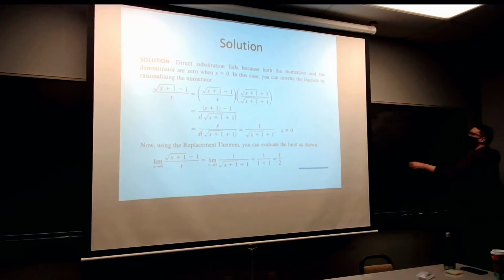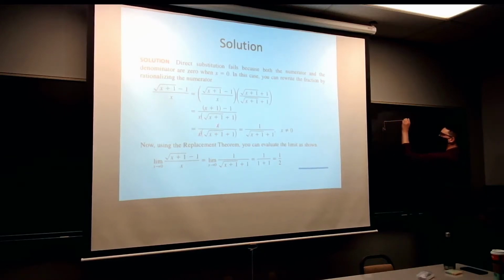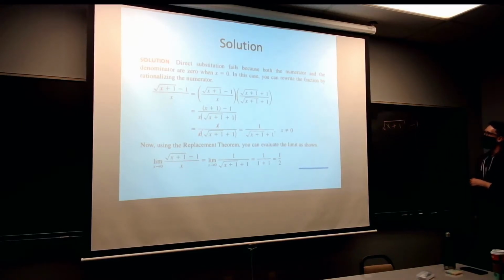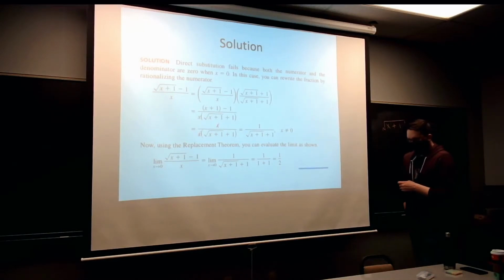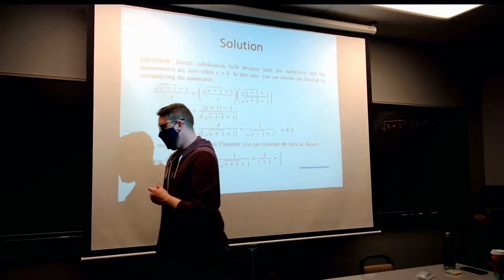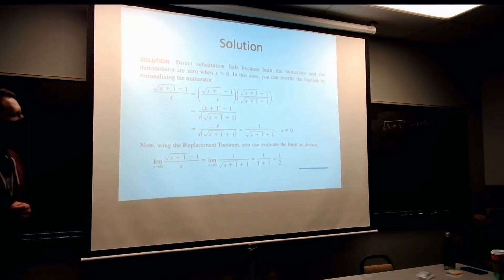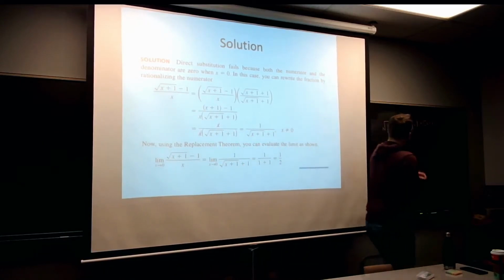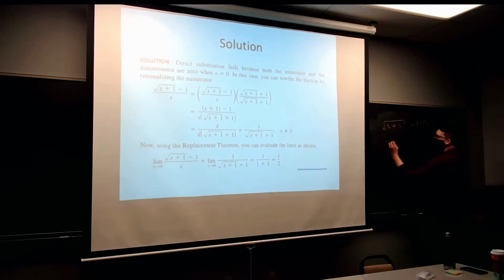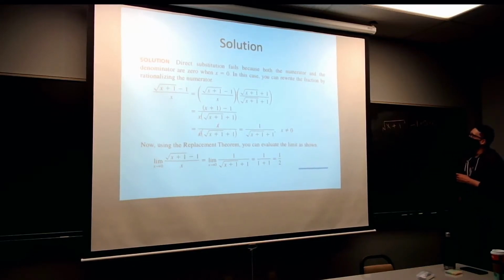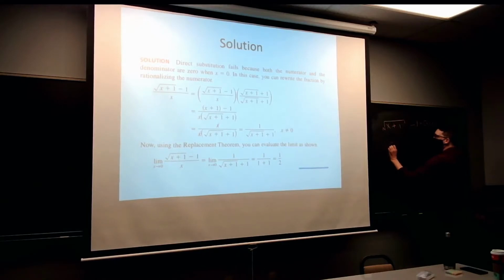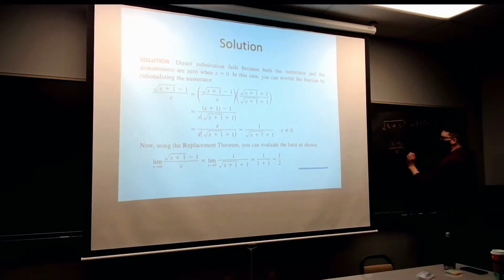What I'm saying is, we can think of the square root of x plus 1 minus 1 as A plus B. I mean, my mistake, A minus B. And if we wanted to start working with this, a natural first step might be to say, all right, we've got A minus B over x.